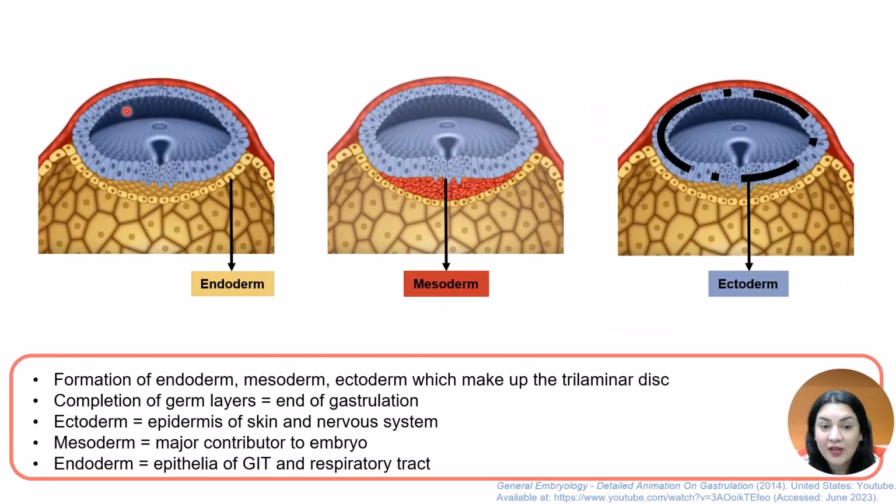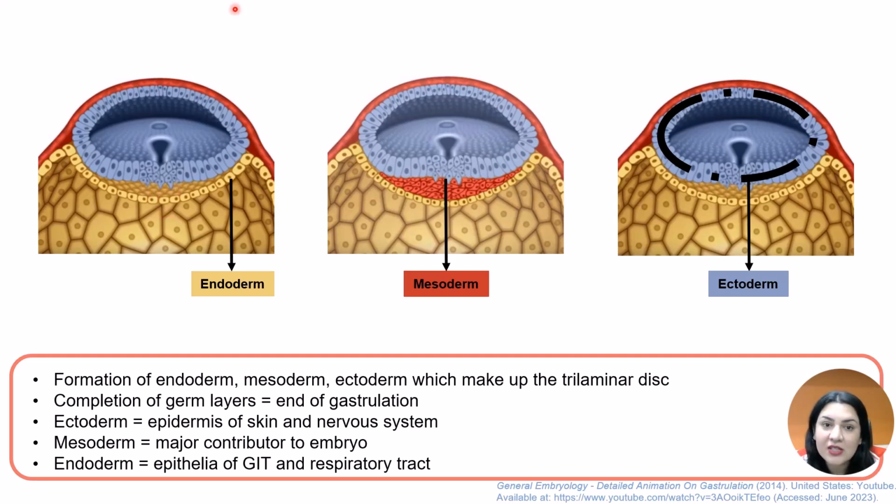So if we look at that primitive streak itself, this is it in all of these three images over here. Now, the cells at the primitive streak essentially start to invaginate and start to move into the interior portion of the embryo. So you can start to see that what was a full, very adherent blue layer earlier in the previous slide, these cells are starting to move in towards that internal portion of the embryo.